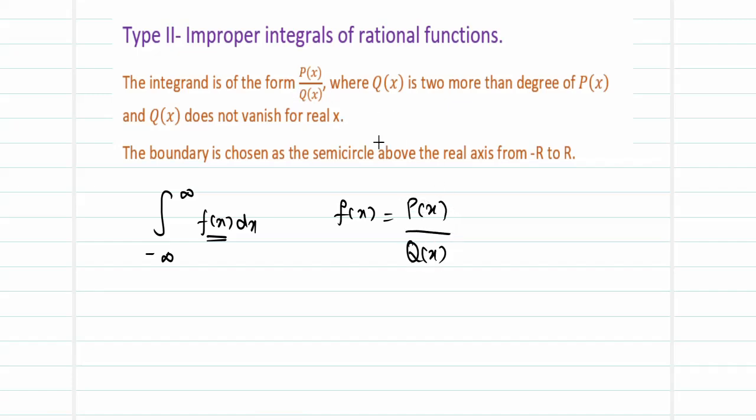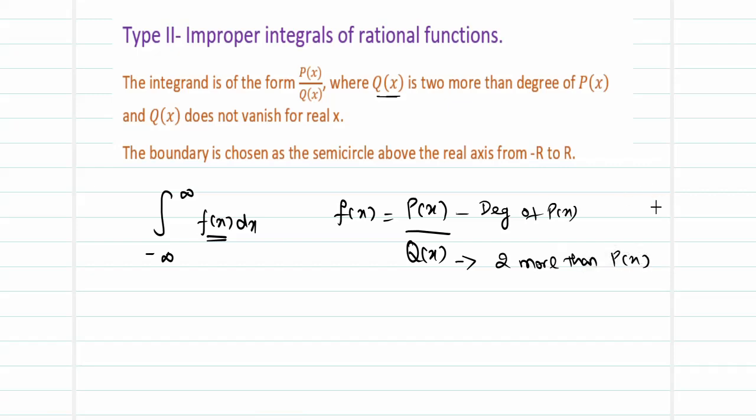Both P of x and q of x are rational functions, and we are going to consider the case where q of x, the denominator, has degree 2 more than the degree of p of x.